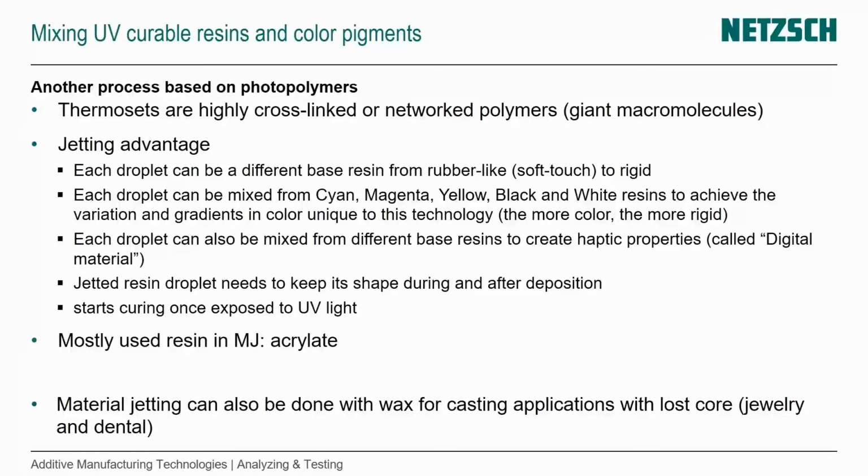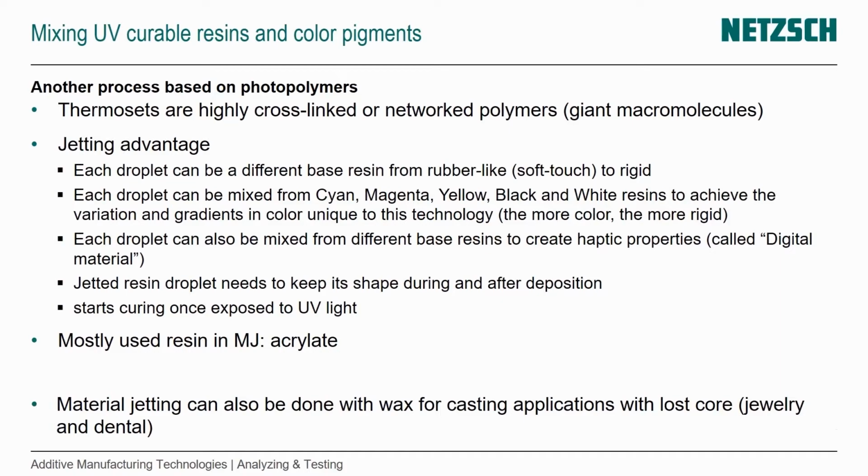You can already see that from a couple of parts that I brought here. Let's look at the material. We have another UV curable resin process, but we can mix that resin with color pigments. Again, we have these photopolymers that are highly cross-linked networked polymers.